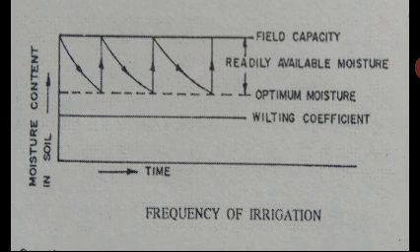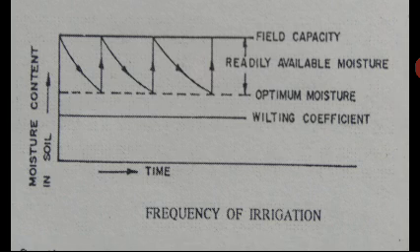The depth of water to be given during each watering is given by capital D is equal to YD divided by W into bracket FC minus Mo, where Y is unit weight of soil, D is depth of root zone, capital M small o is optimum moisture content expressed as ratio, W is unit weight of water, FC is field capacity expressed as ratio.